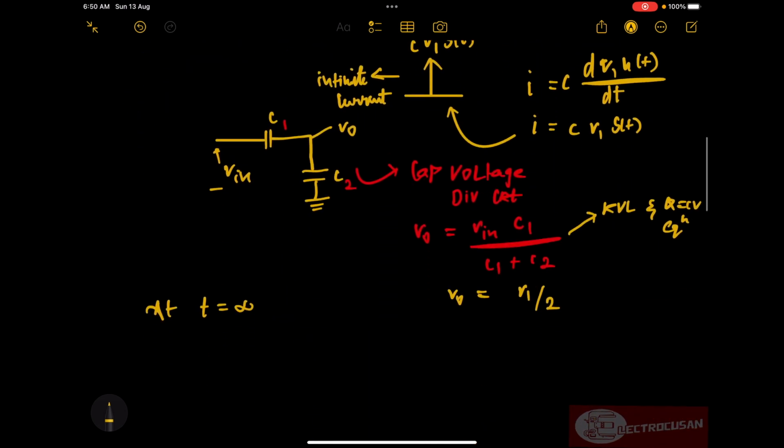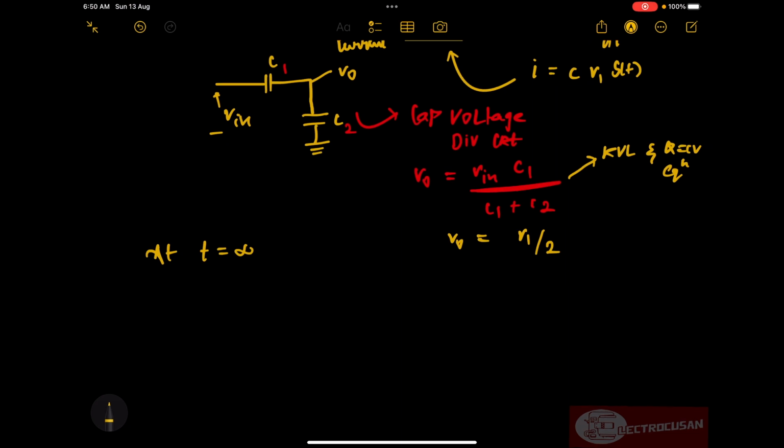So it charges till the voltage across C reaches V1. So Vc1 here becomes 0 and Vout becomes V1, or you can say that C2 charges to V1 volts.